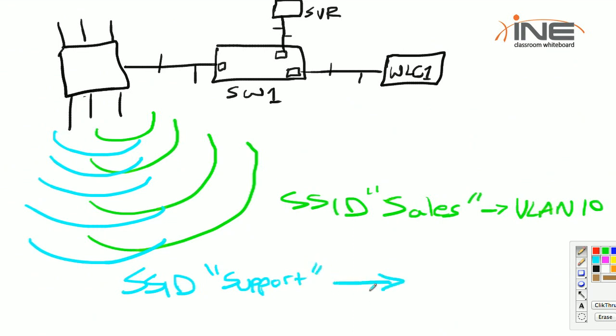And that's going to be mapped, really it's a two-way mapping because traffic doesn't only flow from wireless to wired, it flows from wired back to wireless as well. So this two-way mapping is going to be to the VLAN of 20. Okay?